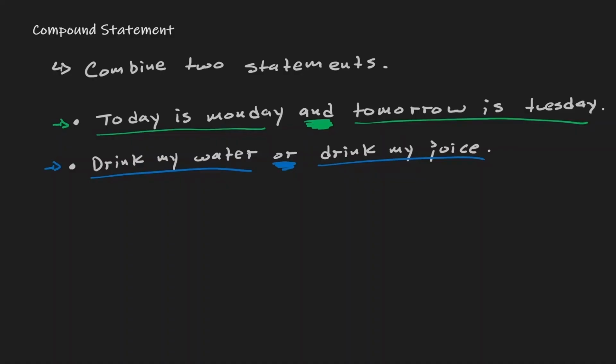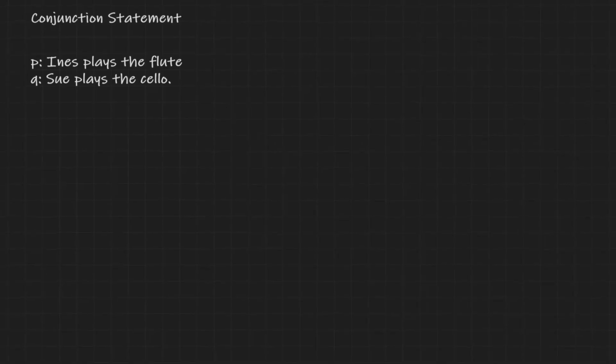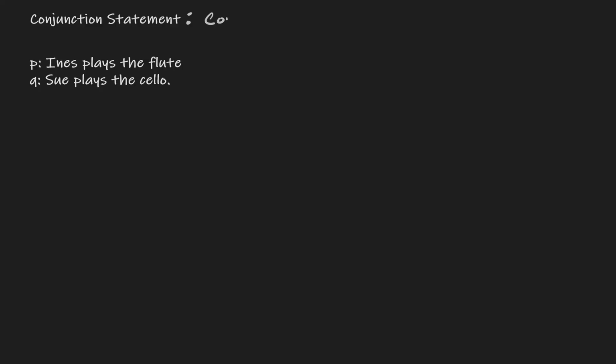Well, for that, we actually have a more specific term whenever we glue two statements together by using and or or. And for that, we need to define what a conjunction statement is. A conjunction statement is whenever we combine two statements using the word and.